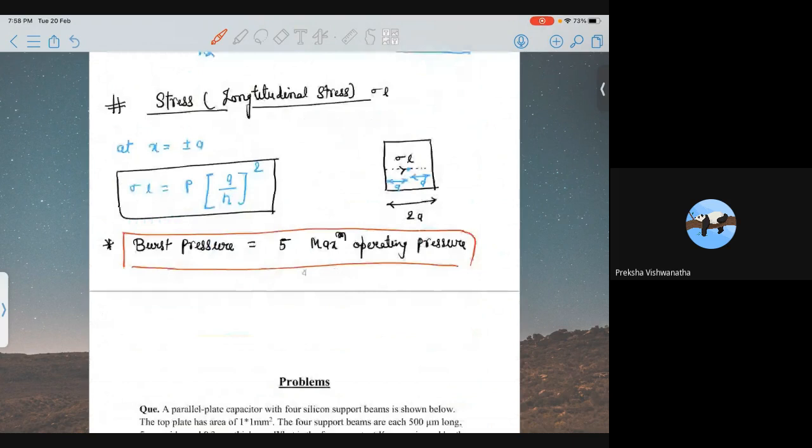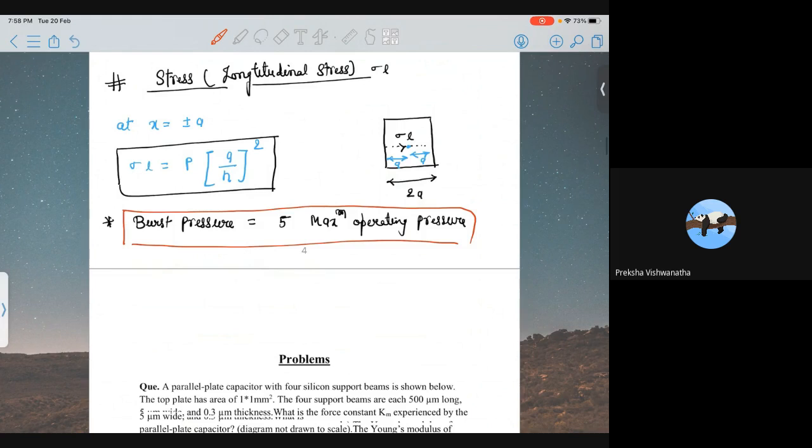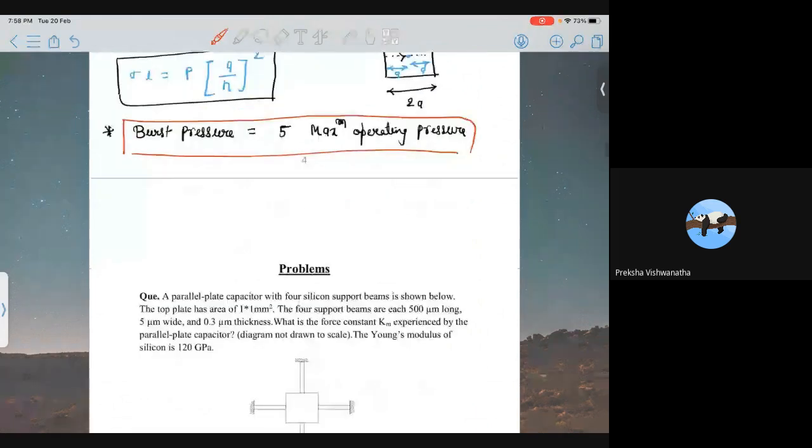Then we have also seen burst pressure, which is the maximum pressure a material can withstand, which is 5 times the operating pressure. We usually operate at the operating point, and we can't exceed this limit.